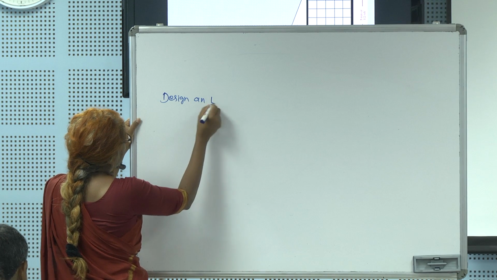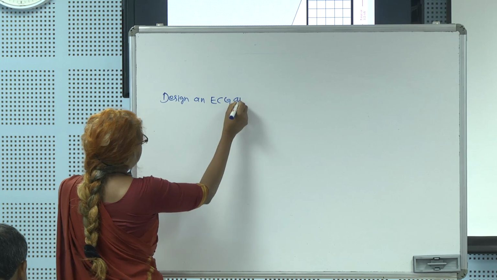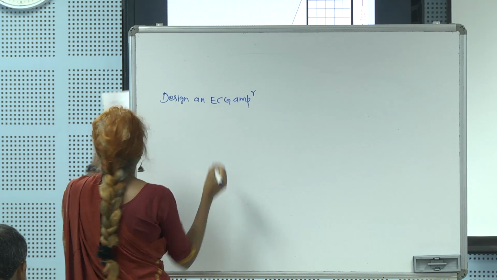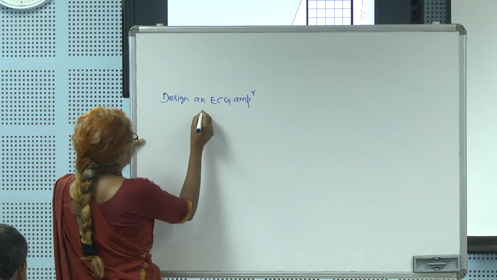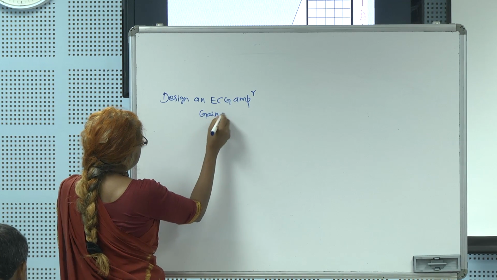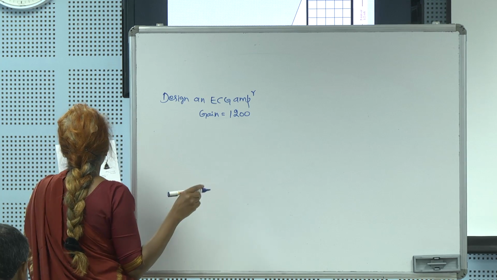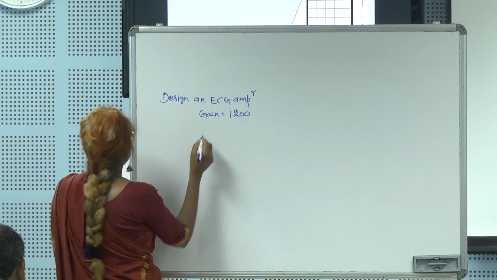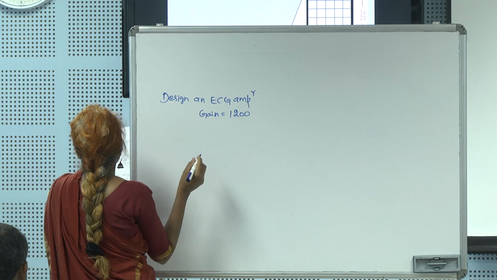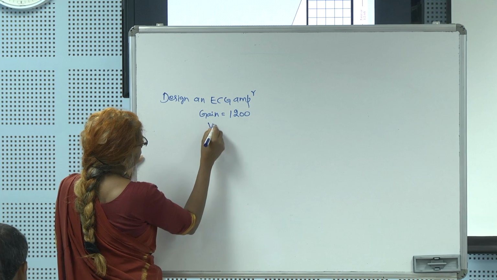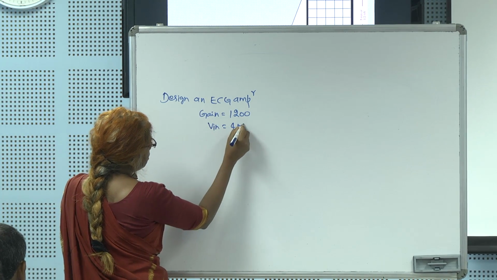Design an ECG amplifier, gain 1200. Try to use those numbers. V in is 4 millivolt.